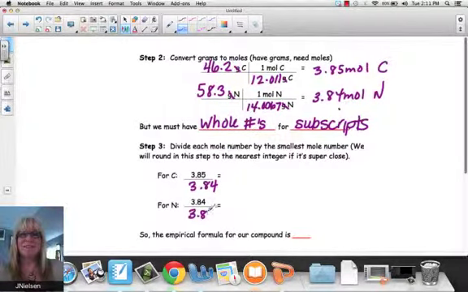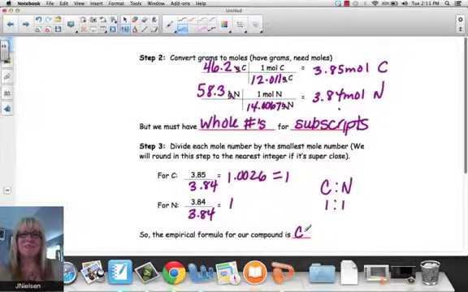So I divide both of these by 3.84. This is your divide by small. That's going to give you 1. And this is going to give you 1.0026, which is really 1. So what you can see is that C to N is a 1-to-1 ratio. Therefore, my empirical formula is simply CN.